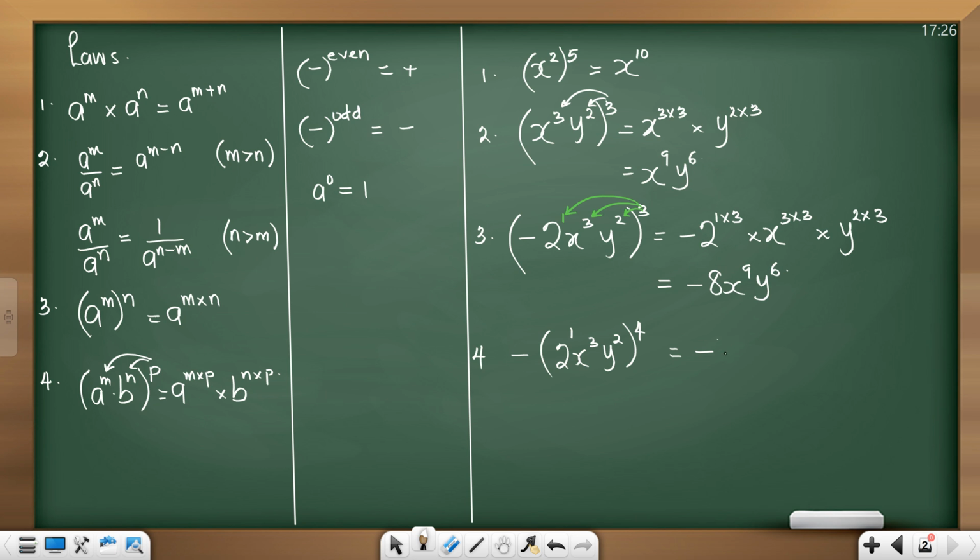Remember, there's an invisible 1 there, which is 1 times 4, 3 times 4, and 2 times 4. What will that then give us? Now, this is 2 times 2 times 2 times 2, which is 16. Now, x to the power 12 and y to the power 8. I hope that makes sense.